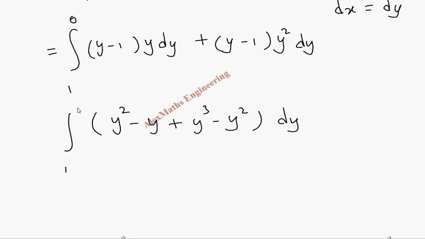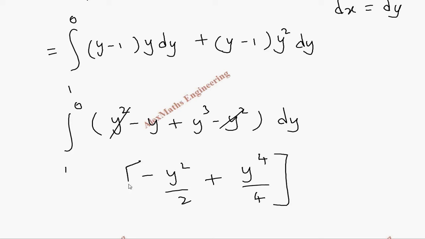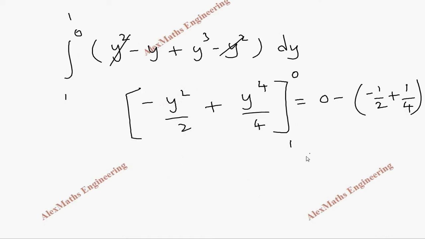Limit is from 1 to 0. We can cancel minus y square plus y square. This is minus y square by 2 plus y power 4 by 4, and we have the limit from 1 to 0. When I use the upper limit, everything is 0. When I use the lower limit, it is minus 1 by 2 plus 1 by 4. On simplification, we get inside the bracket term as minus 1 by 4. There is a minus sign outside, so plus 1 by 4.